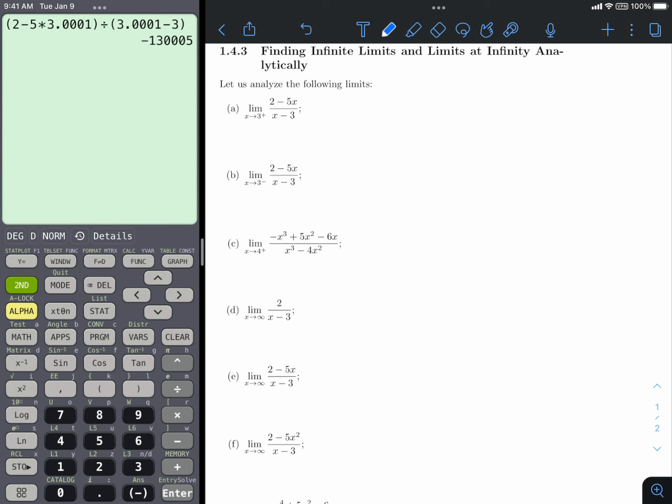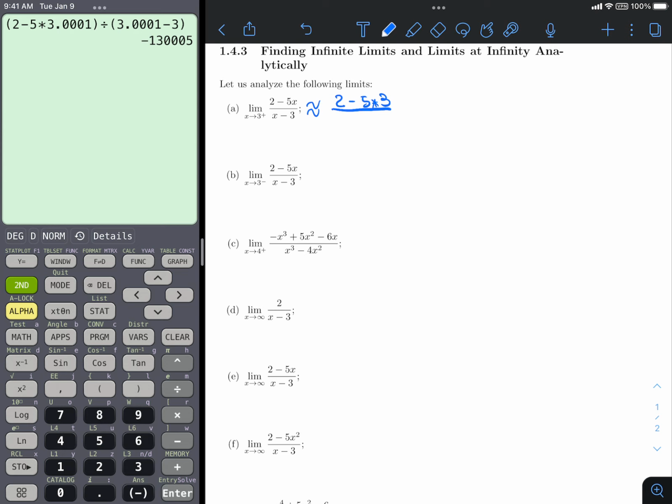But we're going to have 2 minus 5 times 3. So whether this is 3 or 3.1 doesn't matter at the top. But the bottom, because we're near 0, that matters because something close to 0 could be positive or negative, and that changes our result.